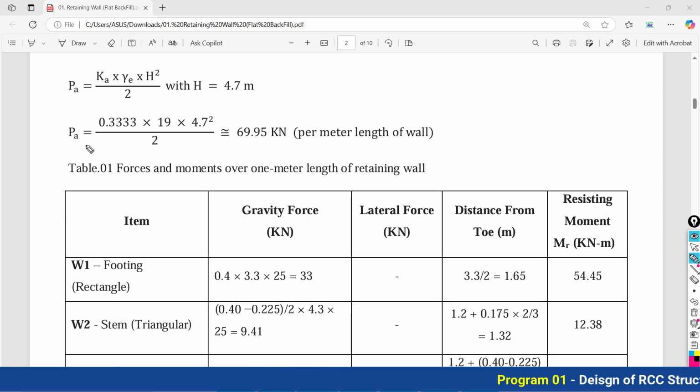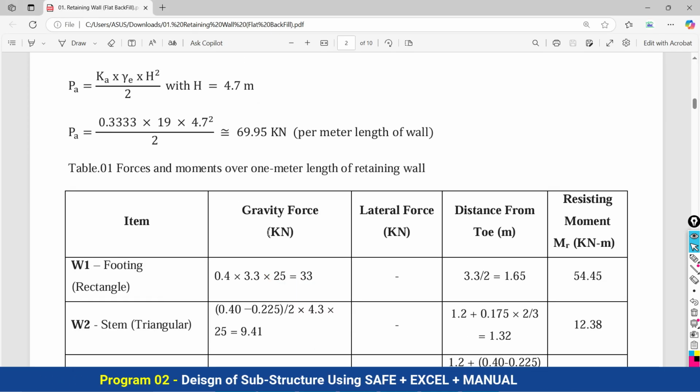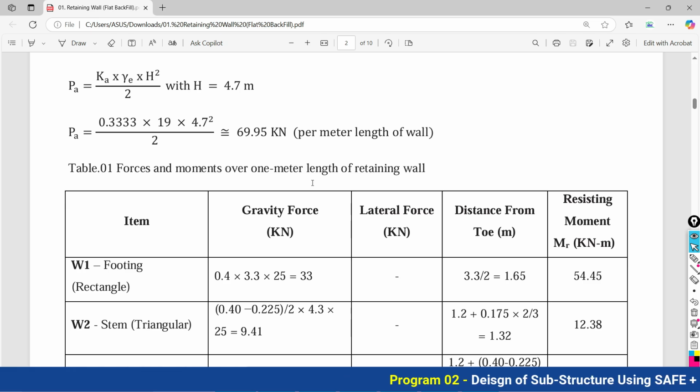Now, moreover to this lateral load calculation, we are going to calculate the gravitational force that is going to be imposed on the soil through your retaining wall. So this calculation we are going to do in our table. This table 1 is for calculating the forces and moments over 1 meter length of the retaining wall.